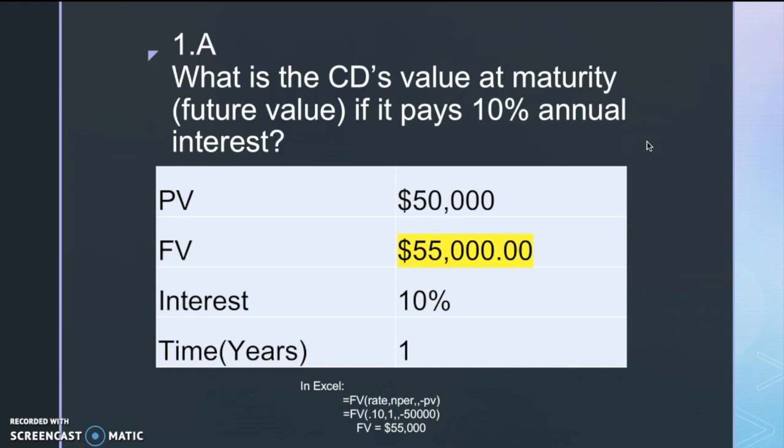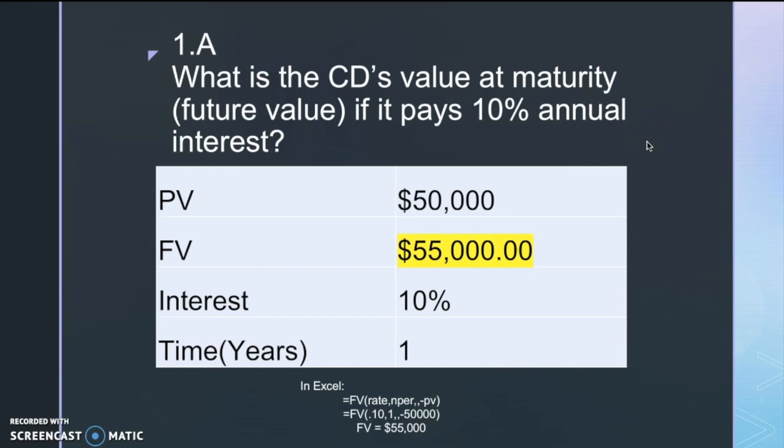What I've done at the bottom is show you the Excel syntax for how to plug this into Excel. So we use the future value function, and we start with the rate, which is 10%, but you enter it as a decimal, so 0.10. Our time is 1 because it's annual, and our present value is 50,000.